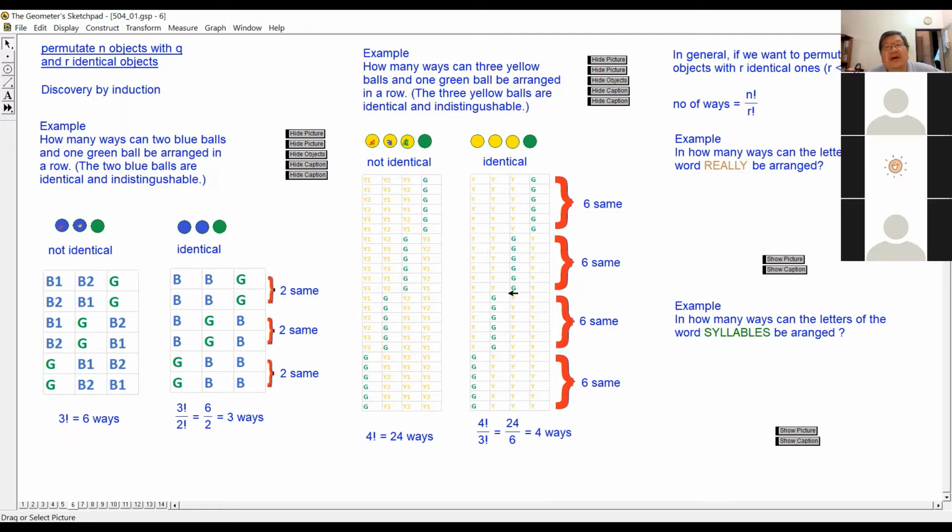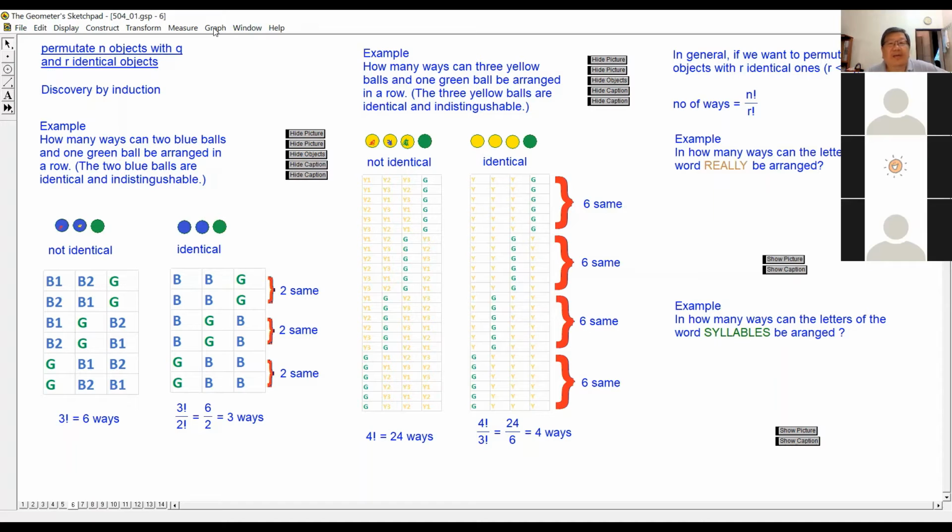Why 3 factorial? Because there are 3 factorial ways of arranging the 3 identical objects. So you have to divide by 3 factorial to cancel away all the same arrangements, right? So you divide by 3 factorial.